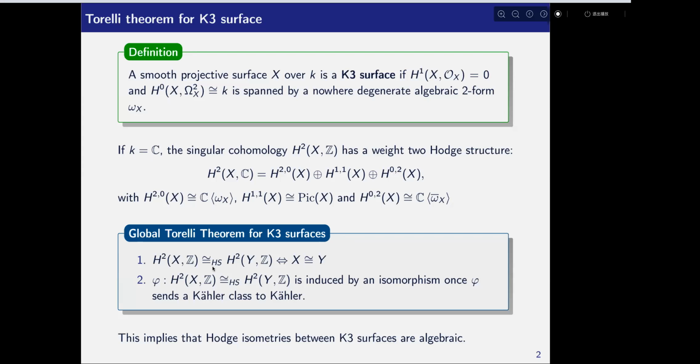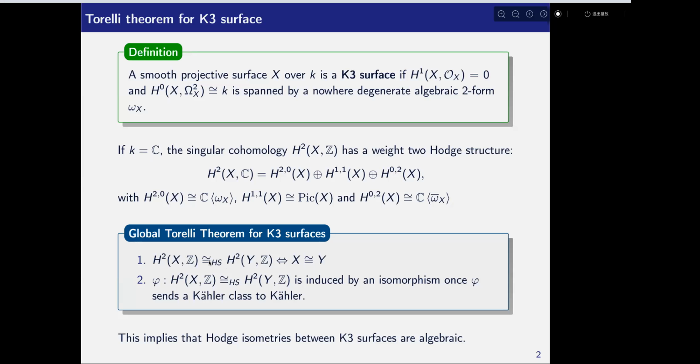Here HS means an isomorphism preserving the Hodge structure, and it is also an isometry. I didn't say isometry, but here it is actually an isometry. If it's not an isometry, then people don't know what this is.